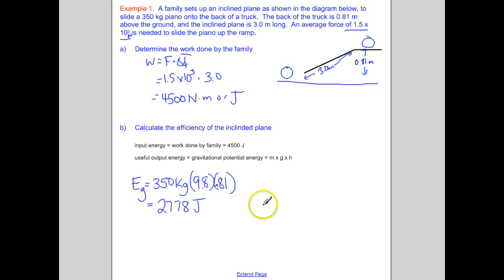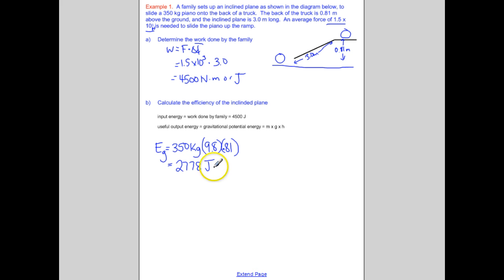And so what we want to now know is, what's the efficiency? If we know this is the output and this is the input, we can figure out what our efficiency is. So our efficiency is equal to our useful energy output, which is 2,778, divided by our input, 4,500, times 100.